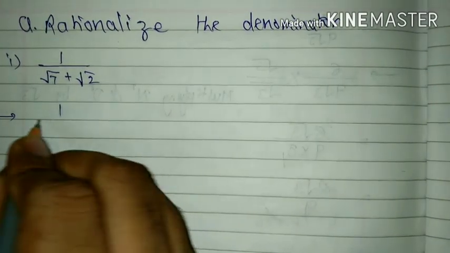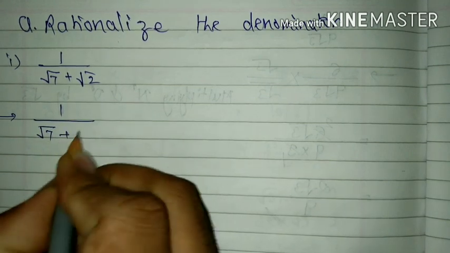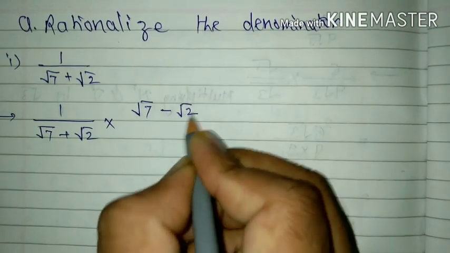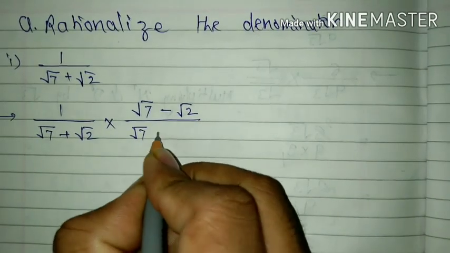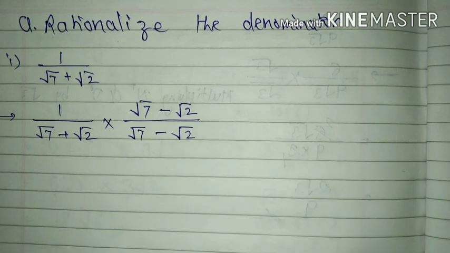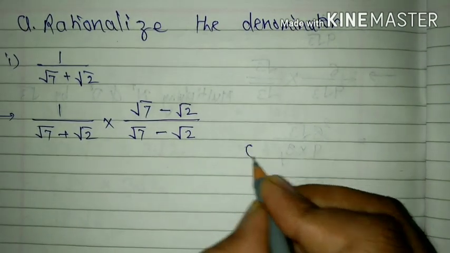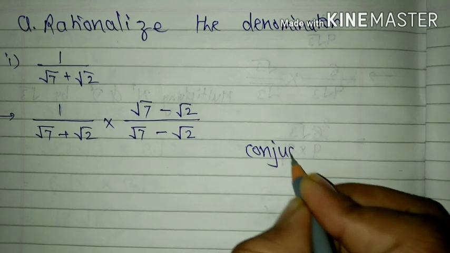So this term becomes 1 upon root 7 plus root 2 into root 7 minus root 2 upon root 7 minus root 2. We are multiplying with the conjugate pair. What conjugate pair?